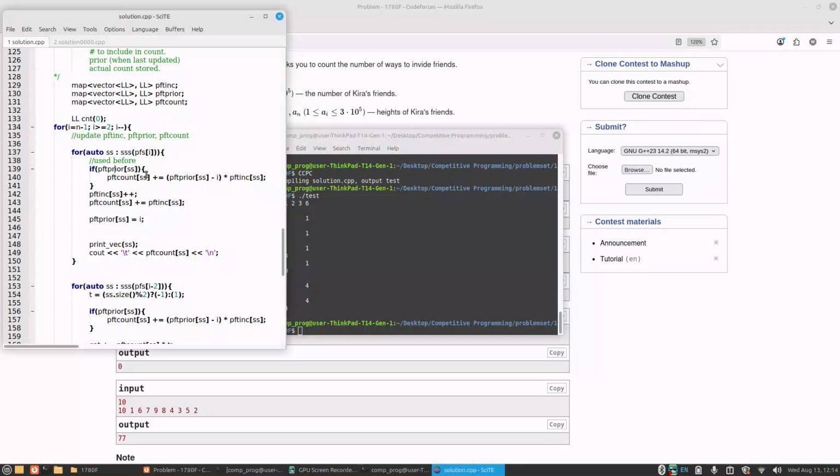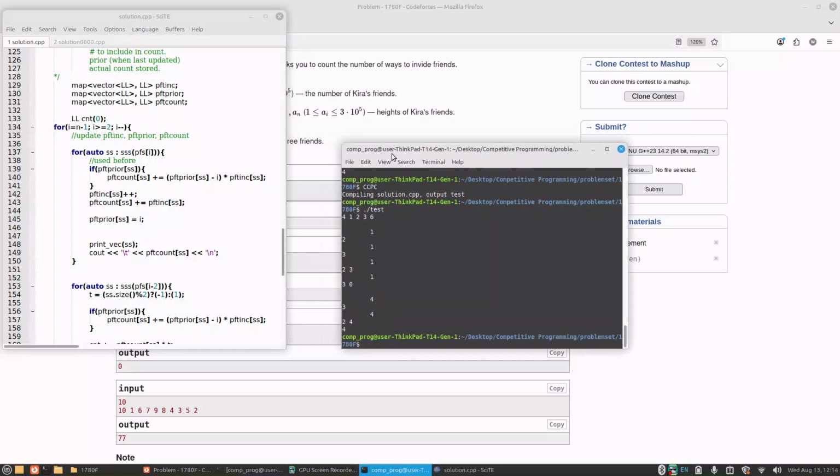Yeah, this is obviously duplicating it somehow.